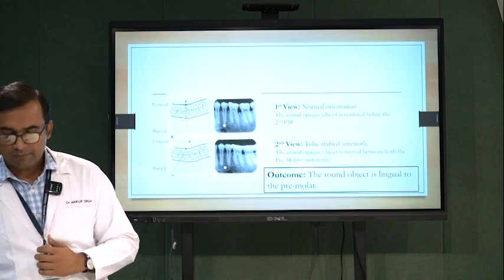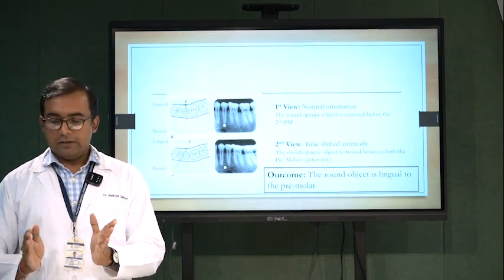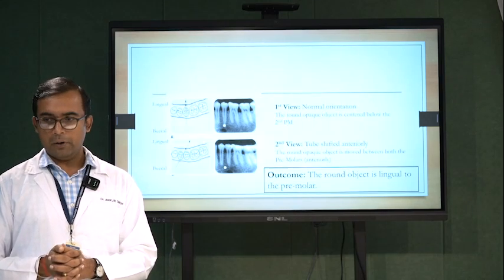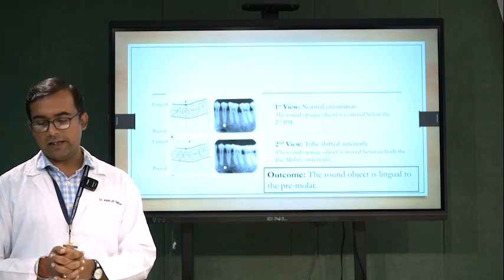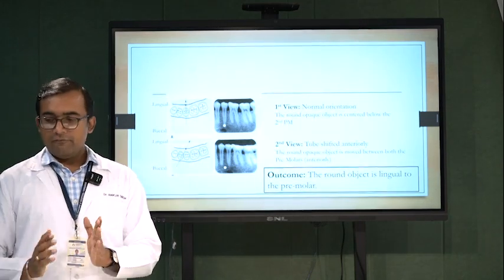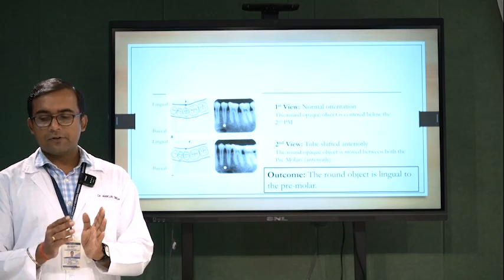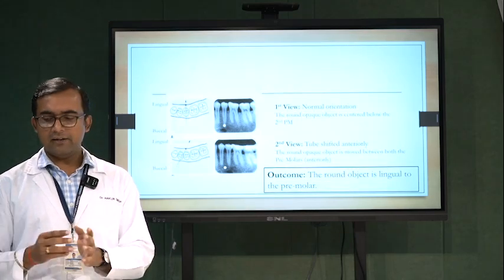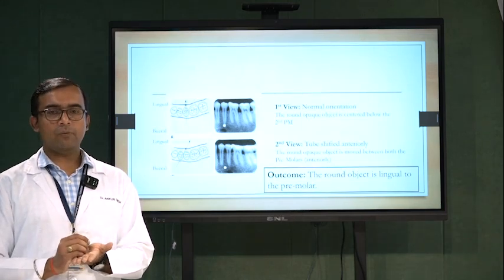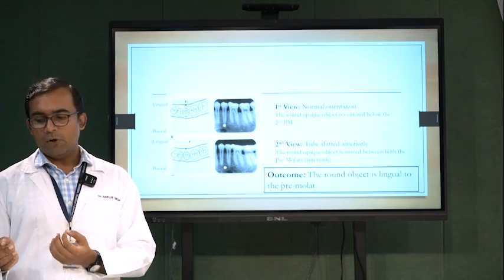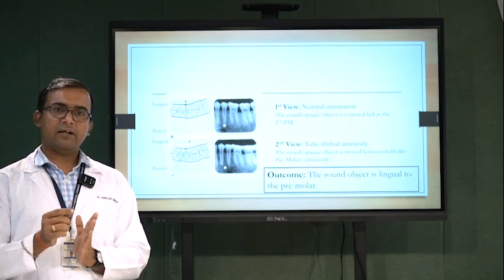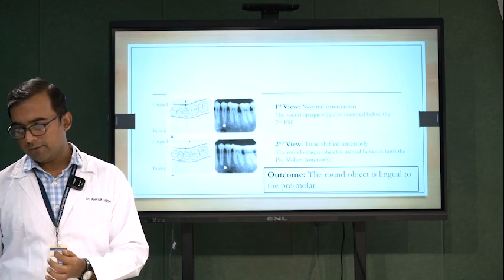Now, if we shift the X-ray tube more anteriorly and perform the SLOB technique, the object also appears to have shifted mesially. We shifted the tube mesially and the object also shifted mesially. So it is SLOB, same lingual. When the object moves in the direction of the tube shift, it is present in the lingual aspect.